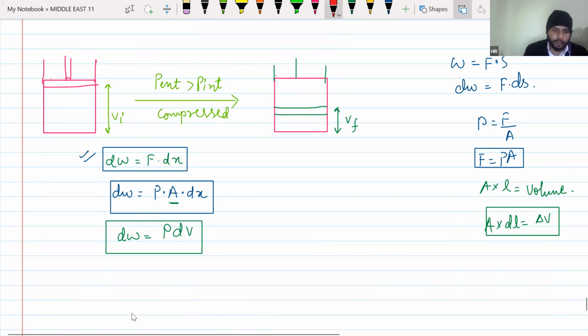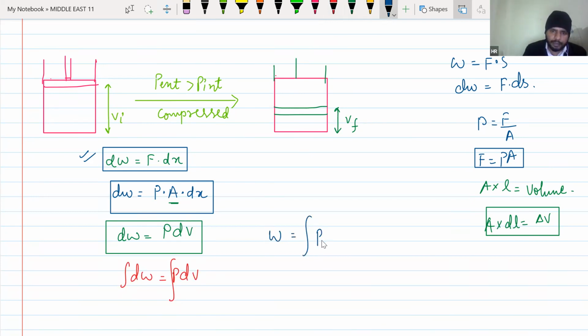Okay, now I'm going to integrate it both sides, P dV, and there will be a final formula which is W equals P external into dV. And you know that for irreversible process, the P external is constant, right?